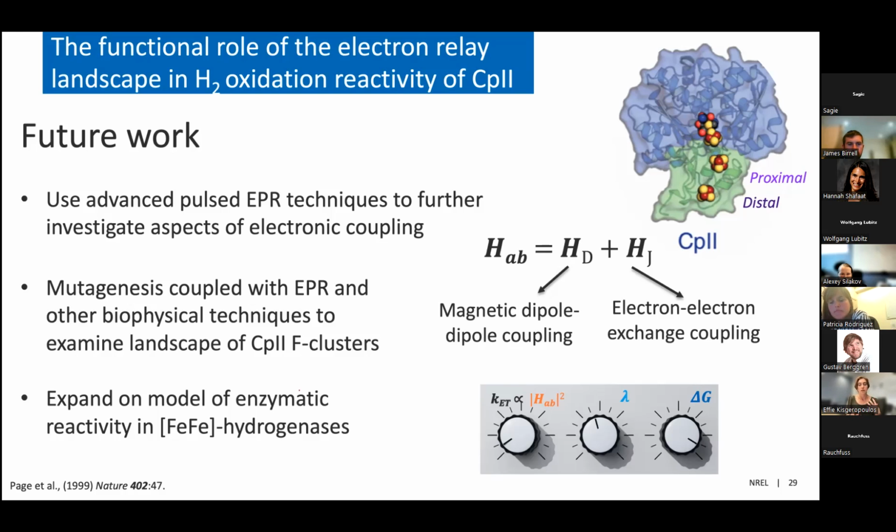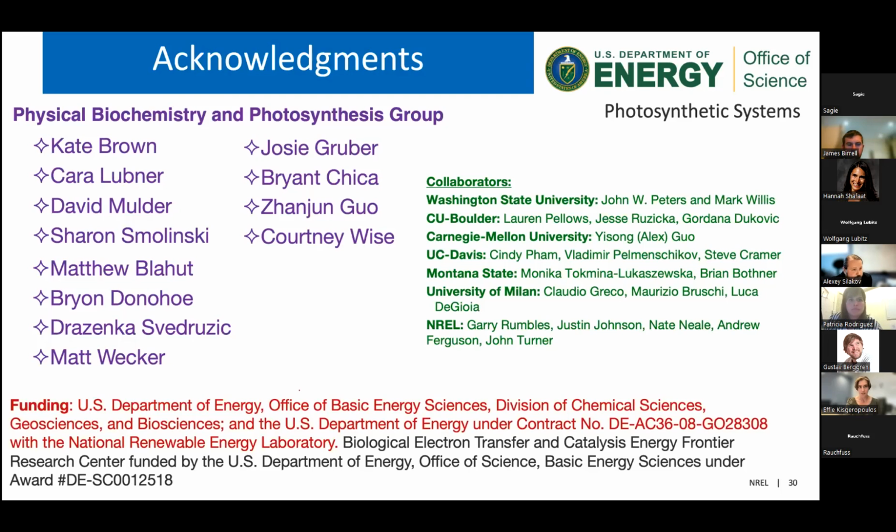So we're trying to do what we can with the different structural techniques that we have to map as well as we can where things are located, and use all of this together to expand on the model that we have of enzymatic reactivity in iron-iron hydrogenases in general, and try and draw connections where we can to other enzymes as well. So that is the last that I have there.